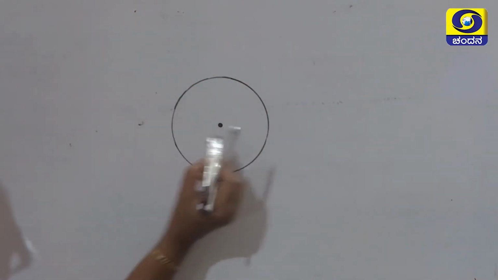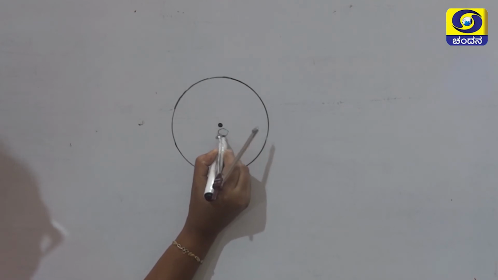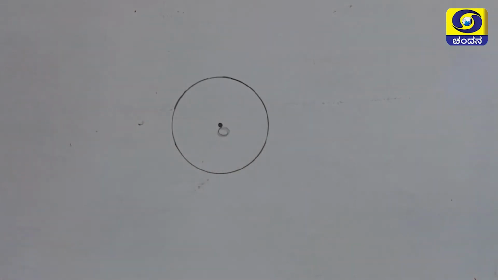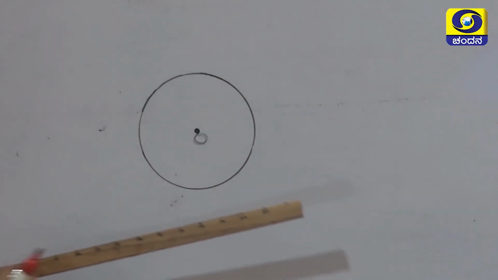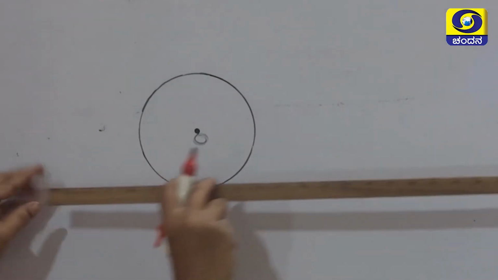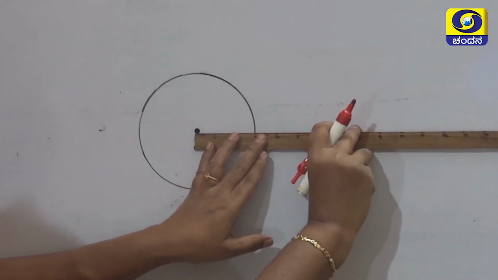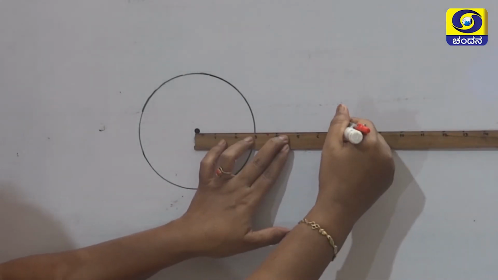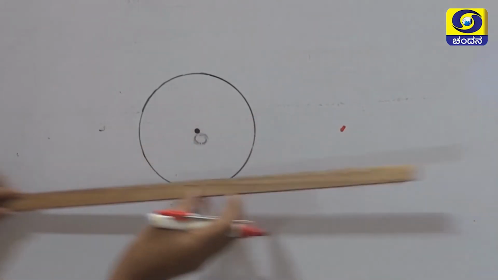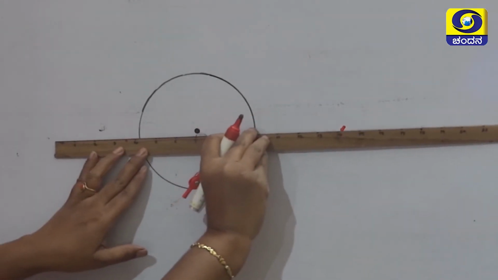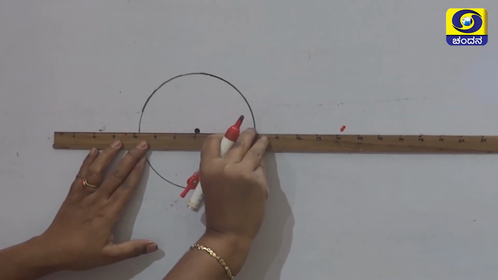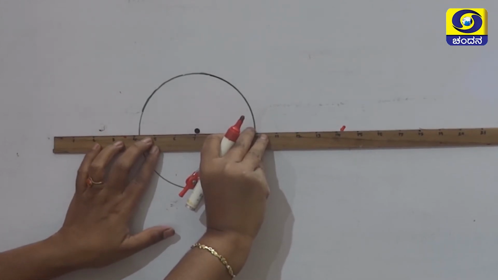This is a circle of radius 3 centimeter and its center is O. Now we have to make a point at a distance 7 centimeter from its center. Keeping the scale here, mark 7 centimeter from its center. Similarly, take 7 centimeter from its center on the other side also.